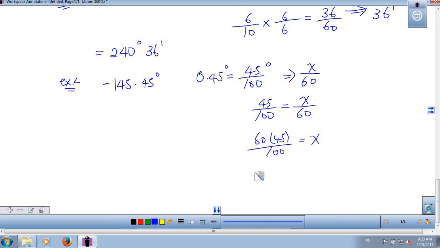Let's use our calculator to help us. 60 times 45 divided by 100 gives us 27. So x is equal to 27. So coming back to this, negative 145.45 degrees would be negative 145 degrees and 27 minutes.